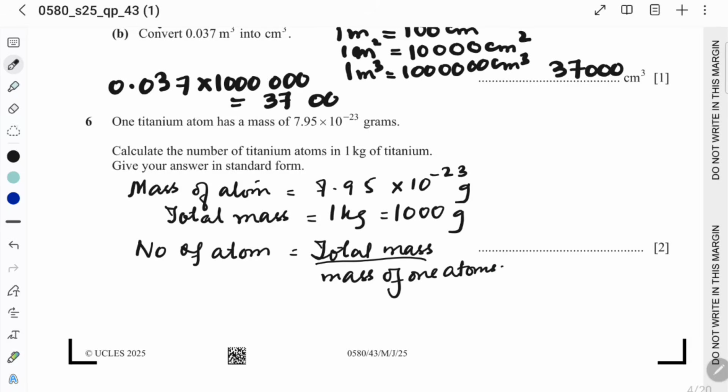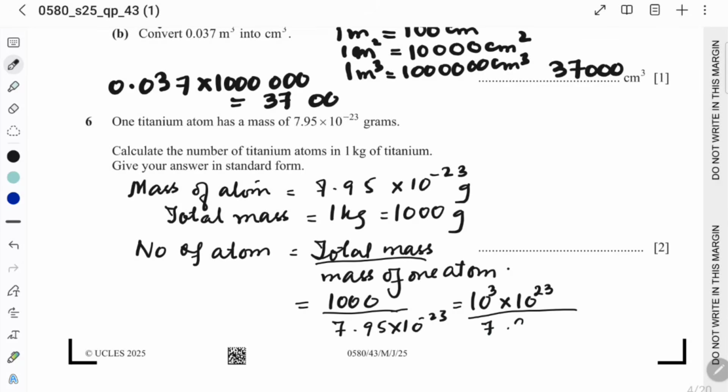So the total mass is 1000 grams divided by 7.95 times 10 to the power of minus 23. And you know that 1000 means 10 cubed, and 10 to the power minus 23, if you write it in the numerator, becomes positive.